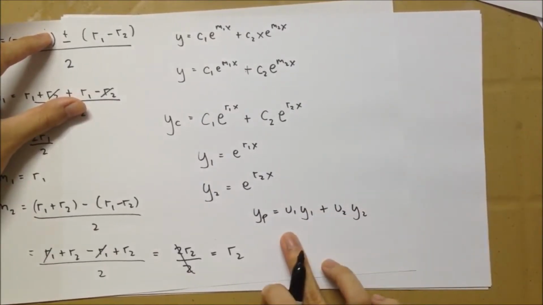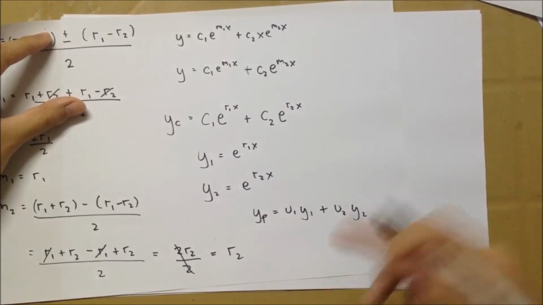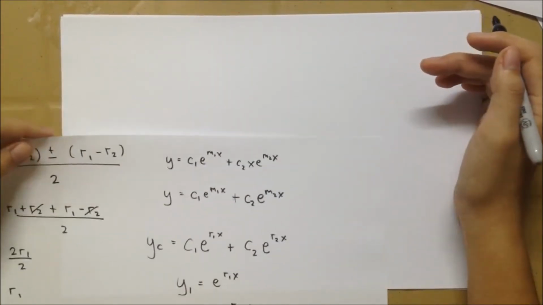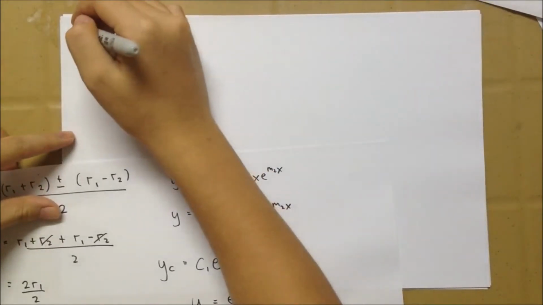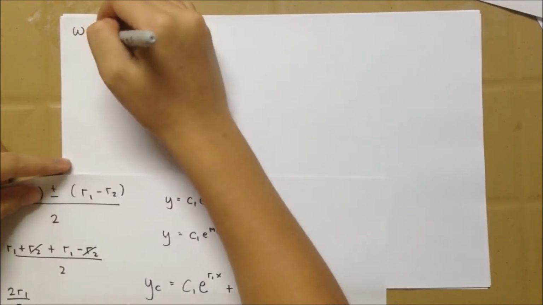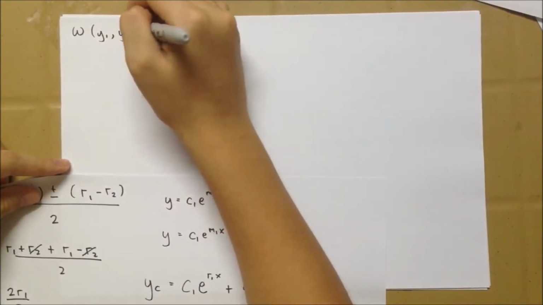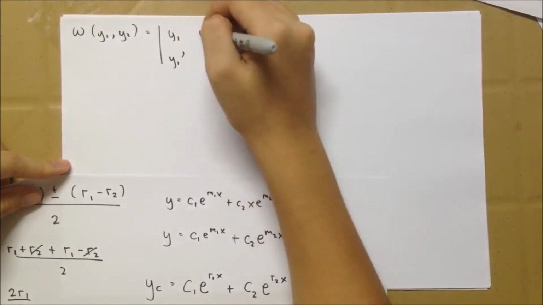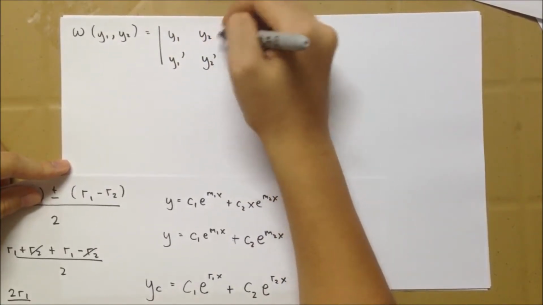So the first thing we're going to do is use the Wronskian method, where W of y1, y2 is the determinant of y1, y1 prime, y2, y2 prime.